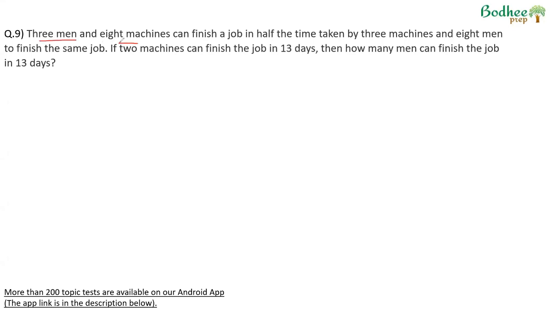3 men and 8 machines can finish the job in half the time taken by 3 machines and 8 men to finish the same job. Now, let one man do X units per day and one machine do Y units per day.